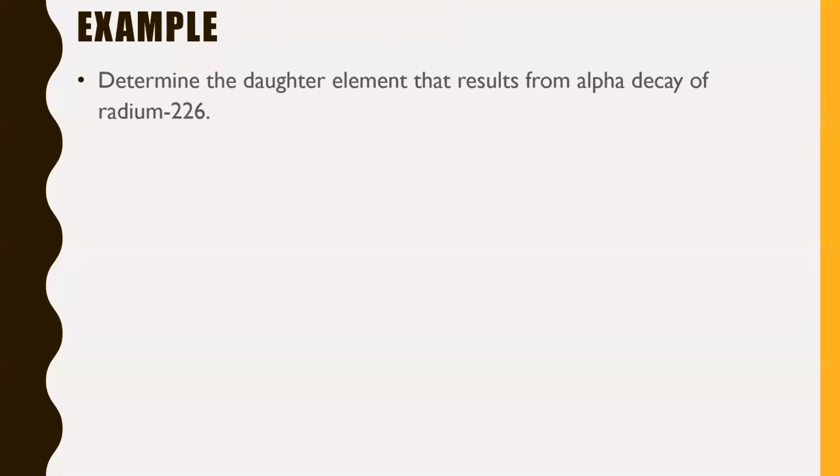What we need to understand is that this is going to be undergoing the process of alpha decay. Alpha decay emits an alpha particle, which has 2 protons and 2 neutrons, so 2 and 4 are the numbers in there. If we're starting with radium-226, looking at our formula sheet, the atomic number is 88.